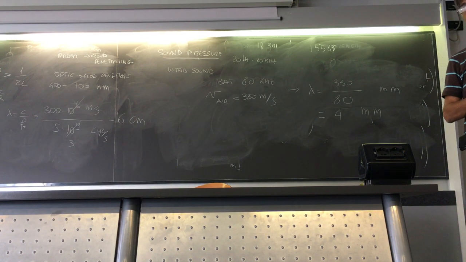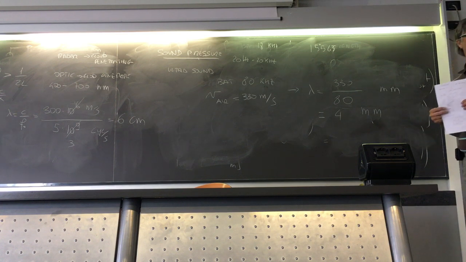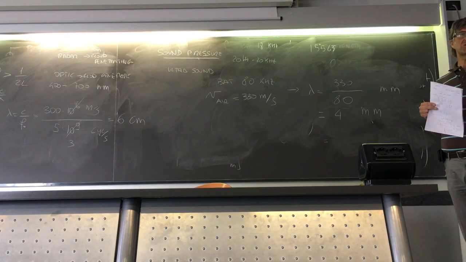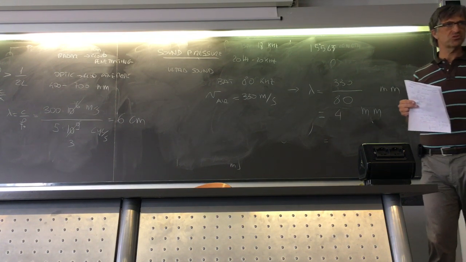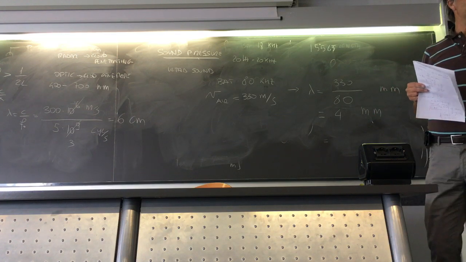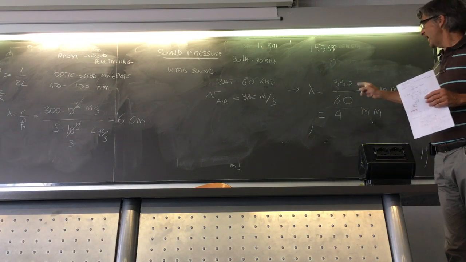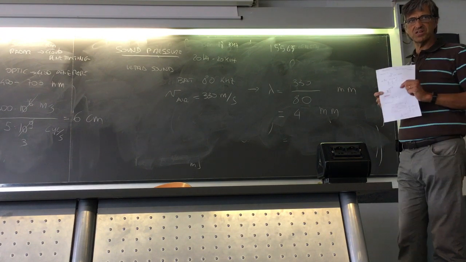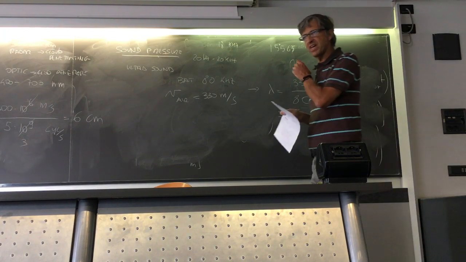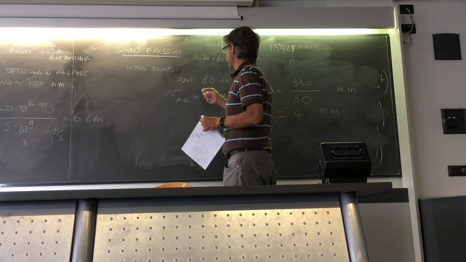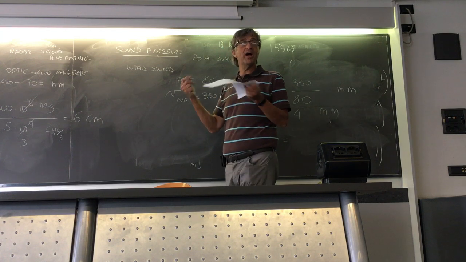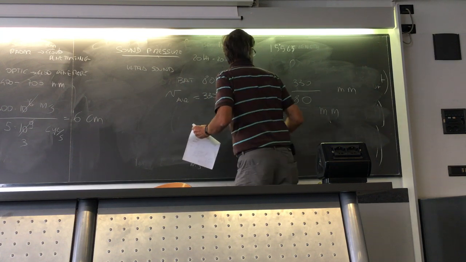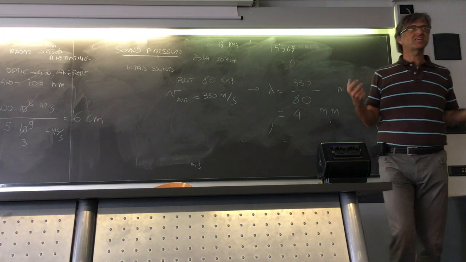Okay, so a mosquito matches this. If it is much smaller, it's impossible to see the mosquito. But as a mosquito of 4 millimeters is reasonable, you can also increase the frequency. 80 kilohertz is a minimum. You cannot use, for example, 40 kilohertz. That is why you don't hear about 20 kilohertz, because 20 kilohertz would give 16 millimeters.